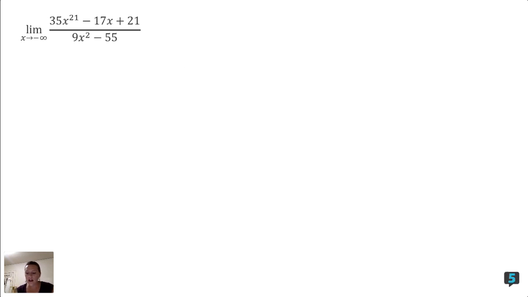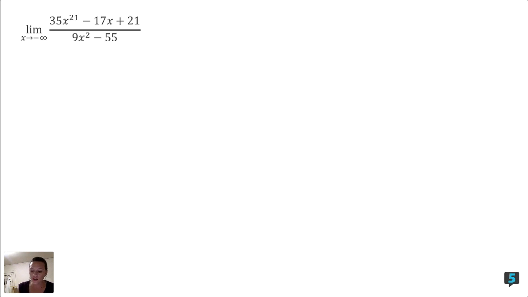This time I want us to think about the limit as x approaches negative infinity of 35x to the 21st minus 17x plus 21 all over 9x squared minus 55. Now, we're going to negative infinity this time instead of positive infinity, but the same is true in terms of what's going to be significant in the numerator and the denominator.